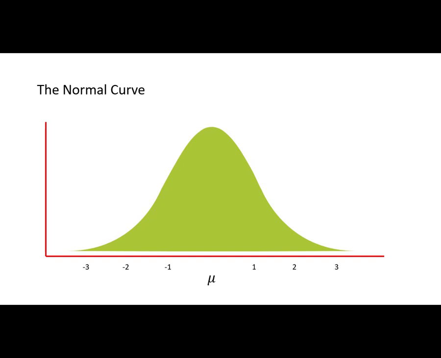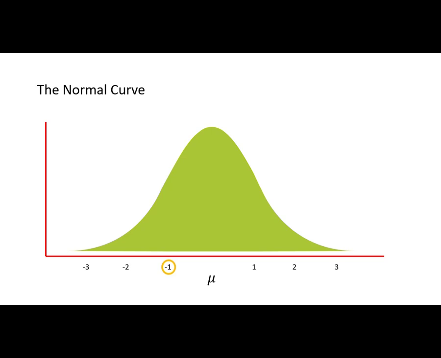Since we've labeled the x-axis using units of standard deviation, let's start out by determining the percentage of scores below 1 standard deviation below the mean. I've marked that here so you can see it. Remember, we can express this either as a percentage of scores or as a probability that a score will fall below 1 standard deviation below the mean.